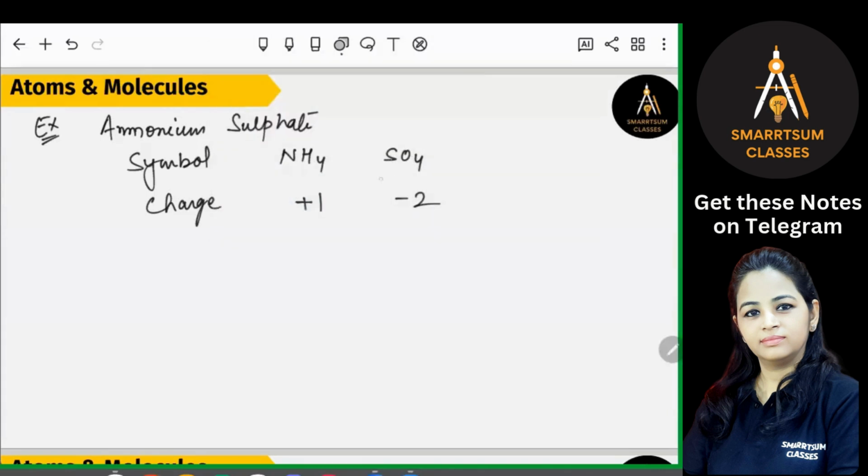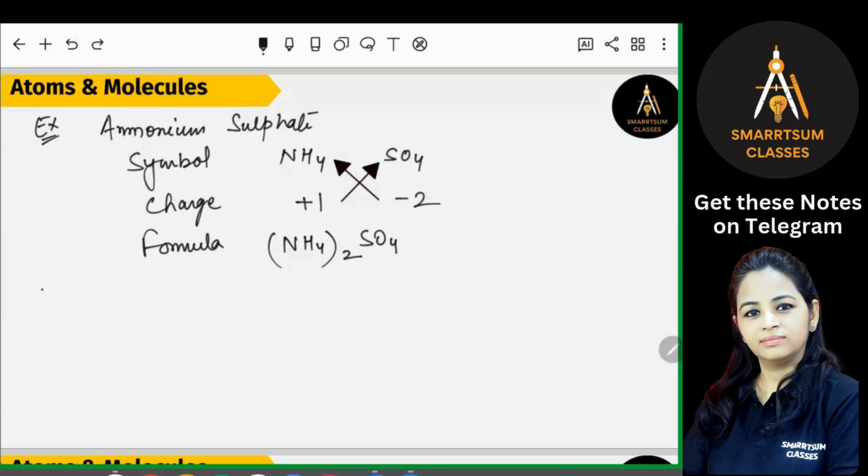Using the crisscross method, the formula will be NH4 whole twice SO4, right? So why are we putting the bracket here? Because this is a polyatomic ion, and the charge using the crisscross method is more than 1, so we need to put the bracket here.